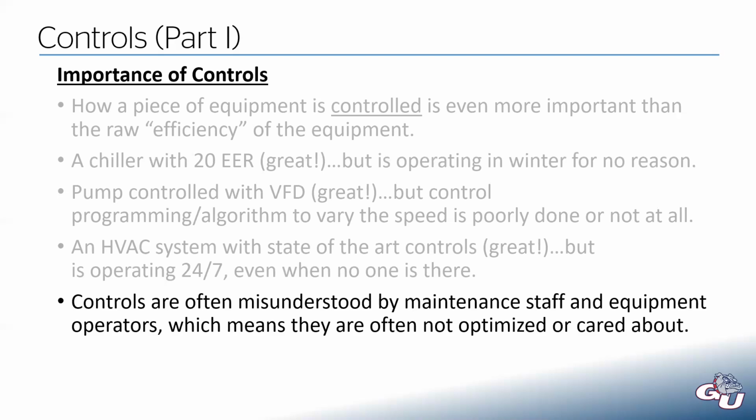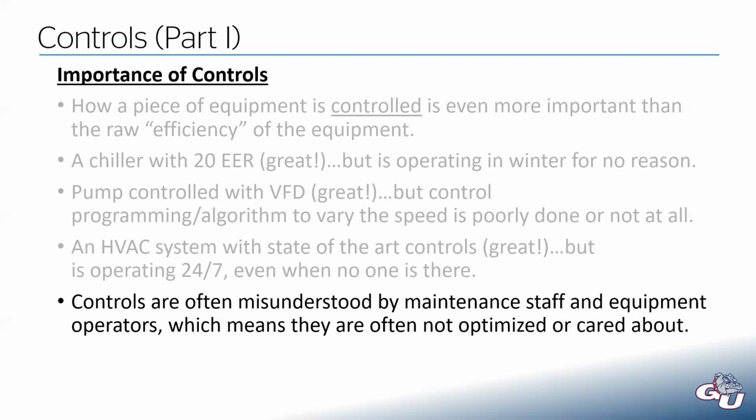A basic residential gas-fired furnace, like you'd have in your house, is a very simple piece of equipment. Most people can understand how that's supposed to work. But when we get into commercial equipment, where we have VAV systems or VRF or multi-zone units or dual duct systems, there's a lot more complexity going on in that type of system.